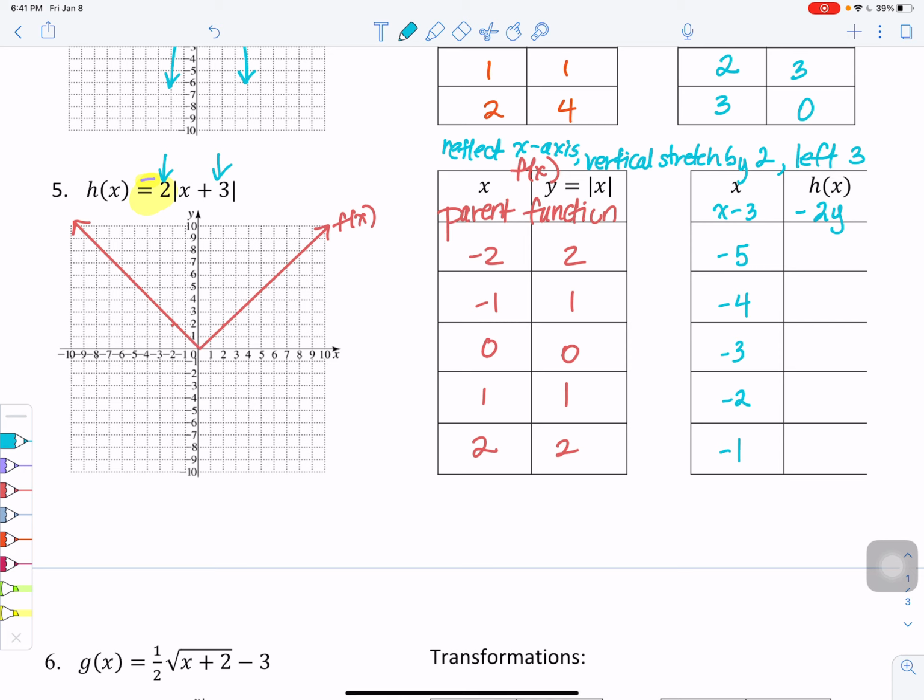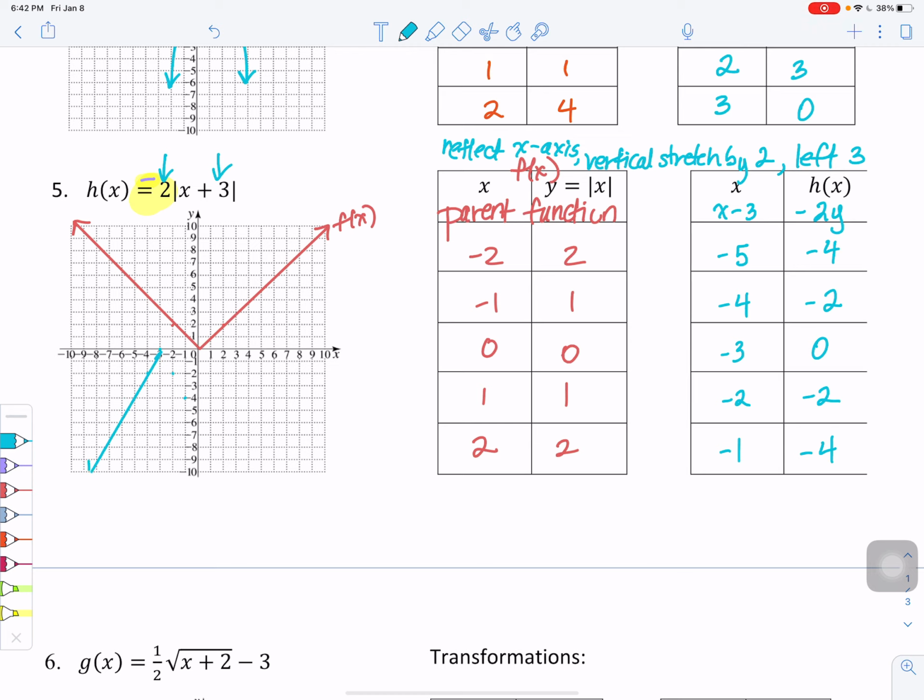Now let's multiply all of the y values by a negative 2. Okay, and let's plot those. So negative 5, negative 4, negative 4, negative 2, negative 3, 0, negative 2, negative 2, and negative 1, negative 4.